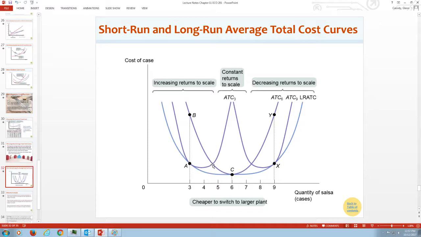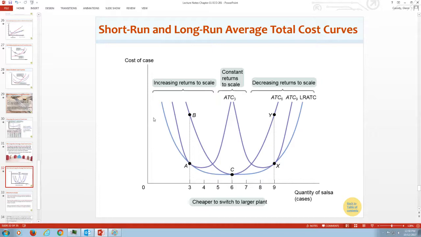If she's producing between 4.5 and 7.5, then ATC6, this curve right here, has the lowest average total cost. And if she were making 9 cases per month, this facility size would have a lower average total cost than the medium size one would.